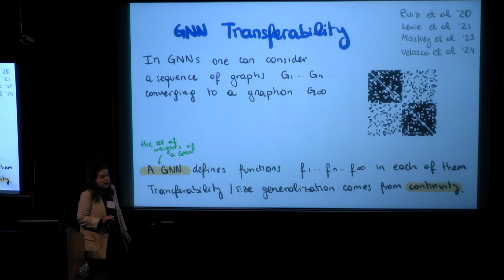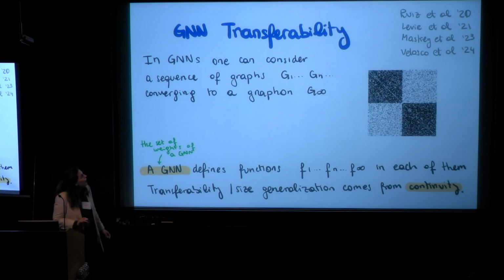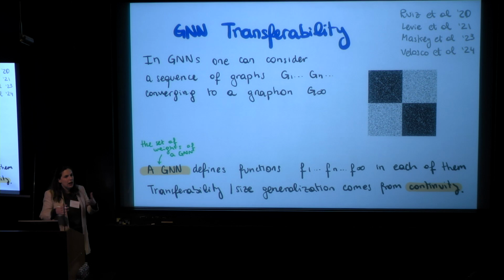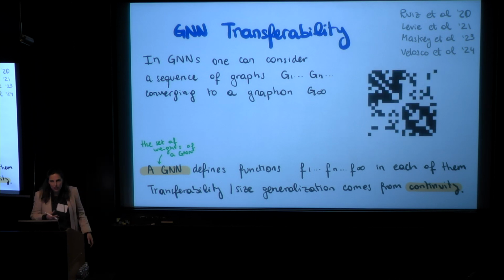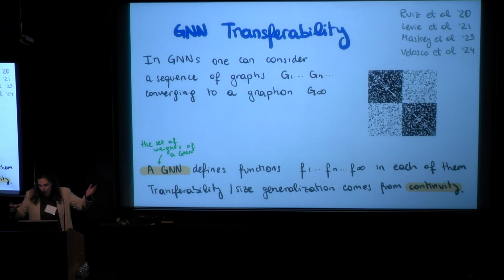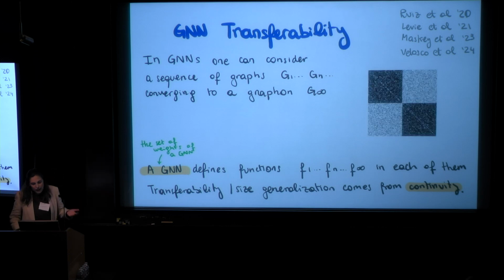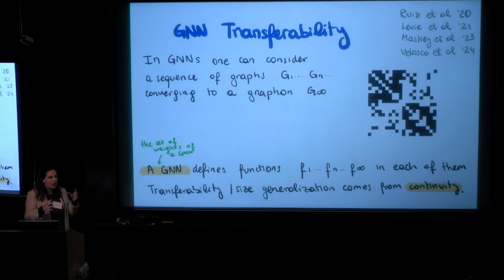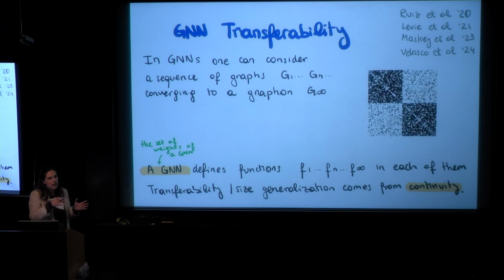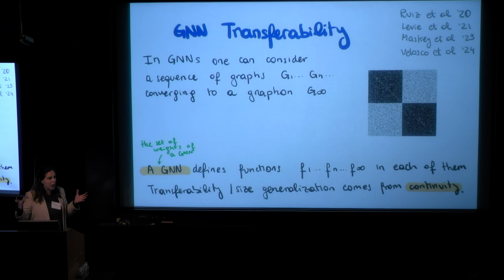So in GNNs, transferability is something that has been studied. Juan is in the audience, and he has many papers on GNN transferability, and other people here as well. The idea is that we can understand what happens when you train a GNN on graphs of 100 nodes and evaluate it on graphs of 1,000 nodes.